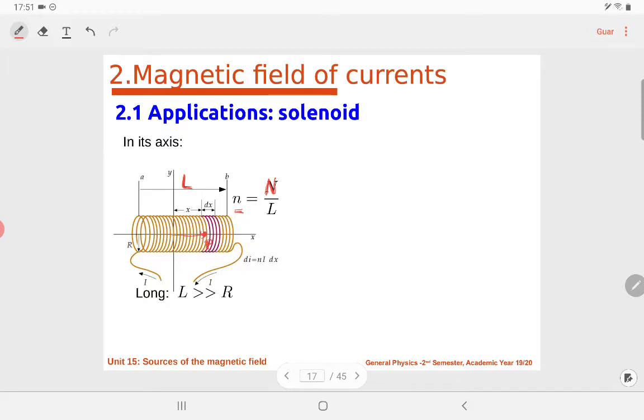So x is going to be the position of this point P, and then A is the beginning of the solenoid, B is the end of the solenoid. And we're always going to think that the solenoid is very long. This length here is much bigger than this length here, okay?